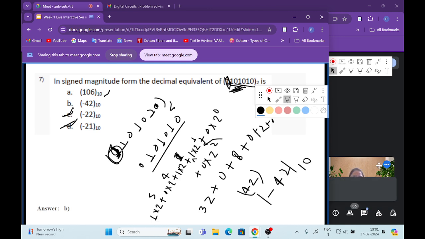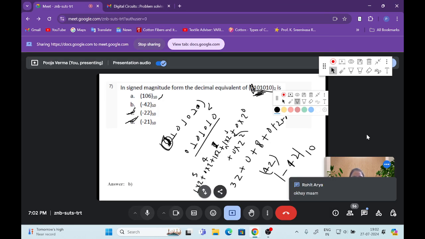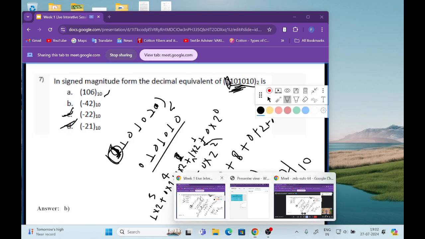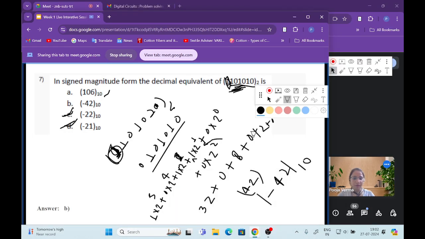If some question directly asks, find out the decimal equivalent of the given number, then you can directly calculate. But if sign magnitude is mentioned, then just check it. If you want to check it, you can also calculate the 1's complement and 2's complement and then find the decimal equivalent. For 1's complement you will get this one, for 2's complement you will get this one. So just don't confuse.